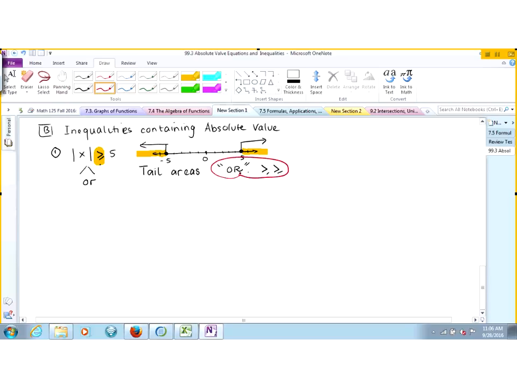When it's greater than or equal to. What did I do before when I calculate this? x and negative x. What do I do to the right hand side? Just copy. We don't change any sign. And then that's it.